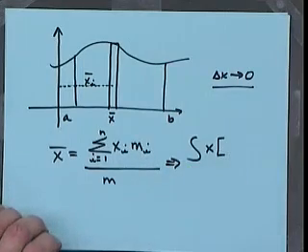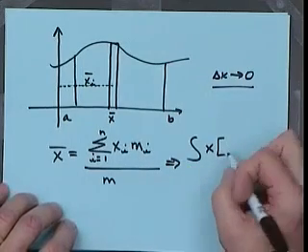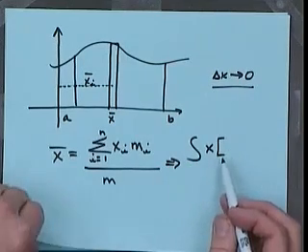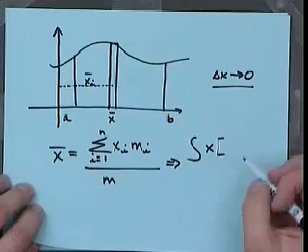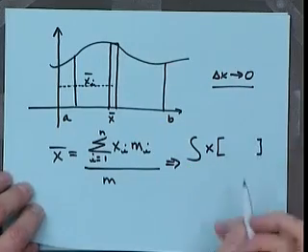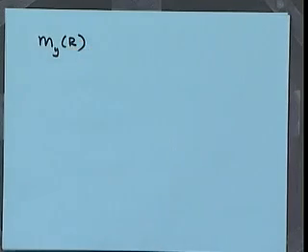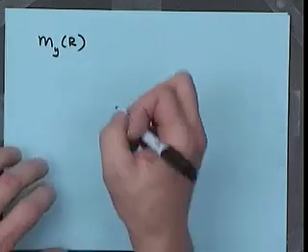For the mass associated with this, I need to backtrack. I'm going to bring this diagram back up in just a second, because we need to identify what goes in here. So the mass of the first region, the mass of the second region, and so on. Let's call R this region, or any region that we identify in this picture.